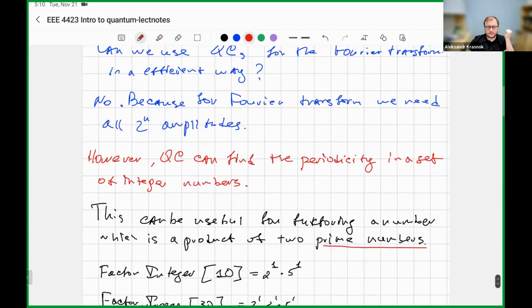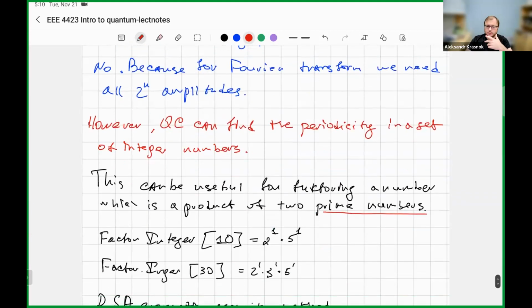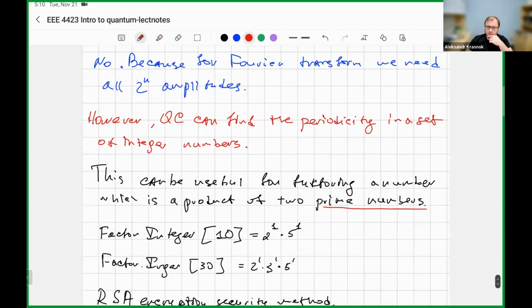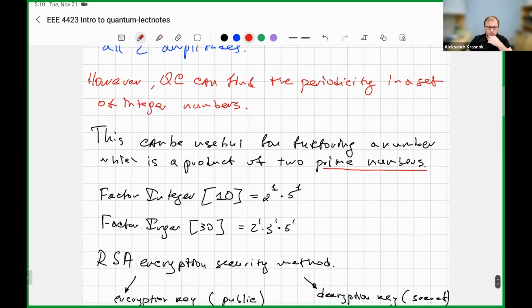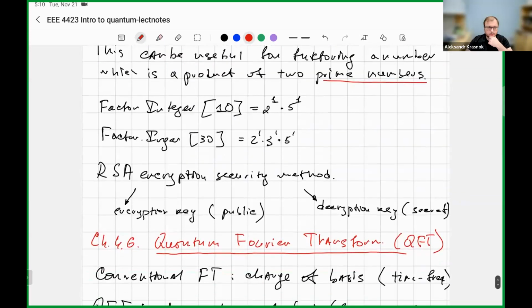We discussed that this quantum computing approach wouldn't help to make the Fourier transform faster. However, it would allow us to find the factors of some large numbers, right? So this can be used, for example, for security purposes.